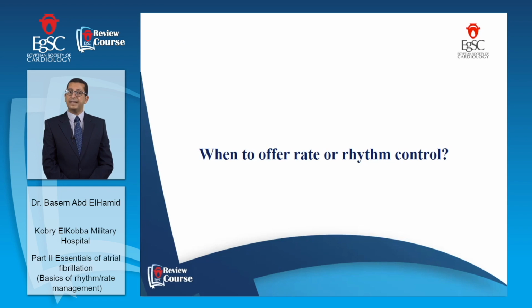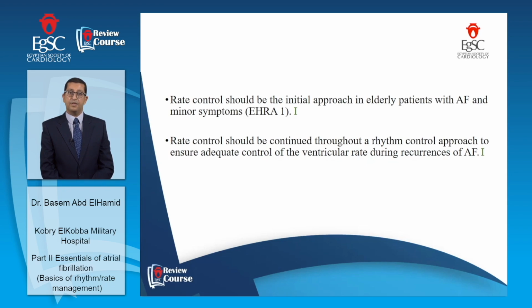When to offer rate or rhythm control? It's a very important question. Who is the patient to start with rate control or rhythm control? Rate control should be the initial approach in elderly patients with AF and minor symptoms, EHRA 1, according to the guidelines, class 1.